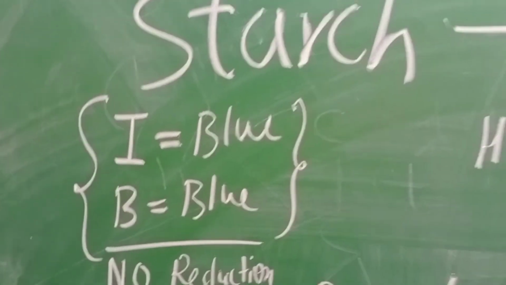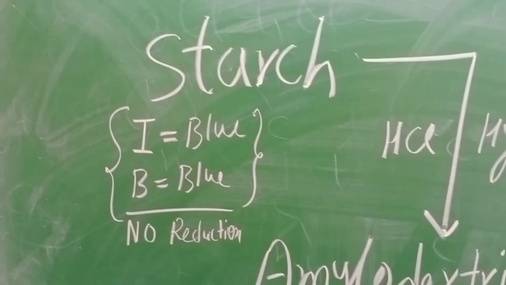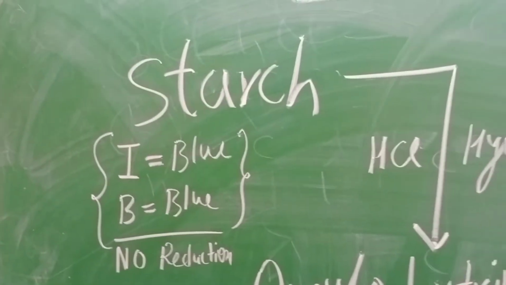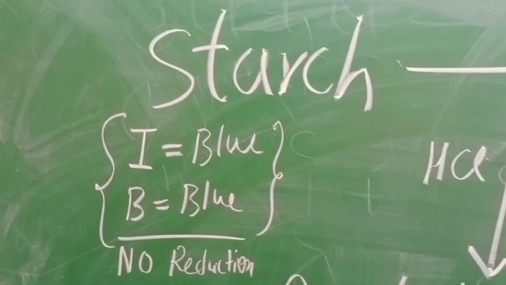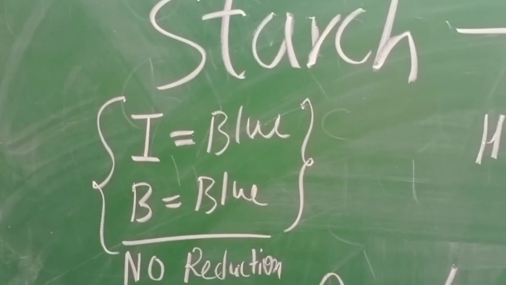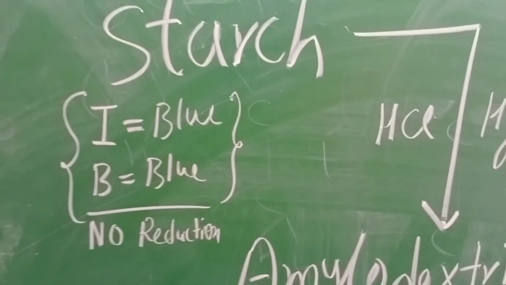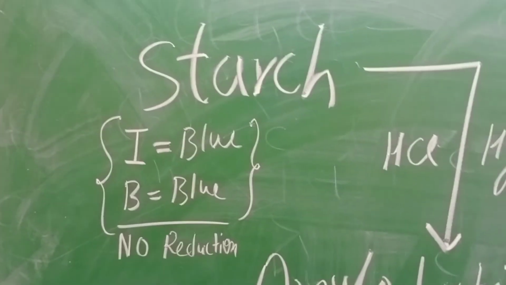but here the blue color is the color of the Benedict solution itself. The original Benedict solution is of blue color. So when the standard solution of starch is reacted with iodine, we get a blue color, no doubt.